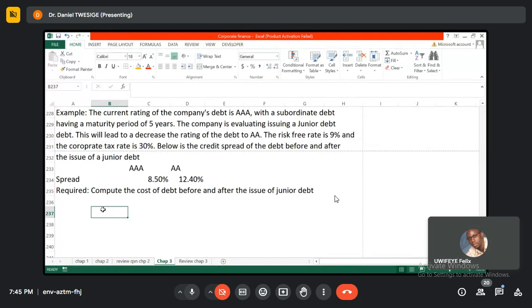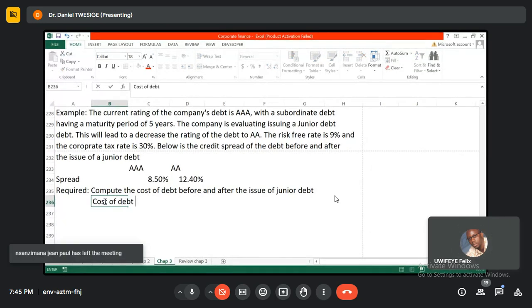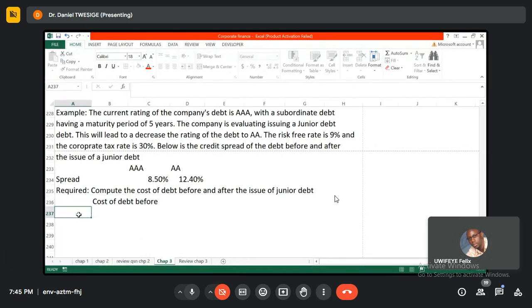So let's look at this. Now, what is our data? Because we are looking at before and after. So the cost of debt before. I have a risk-free rate, which is 9%.